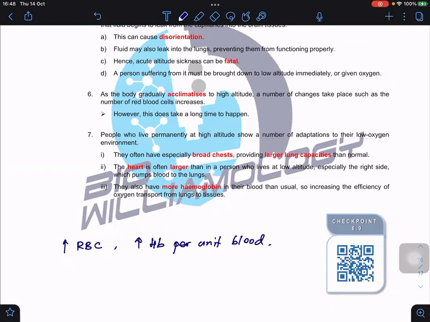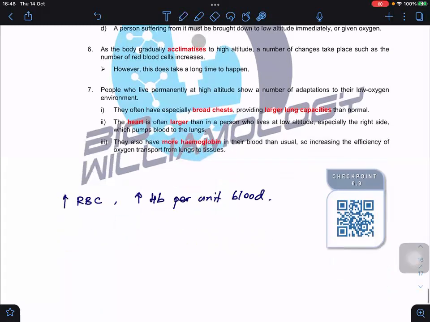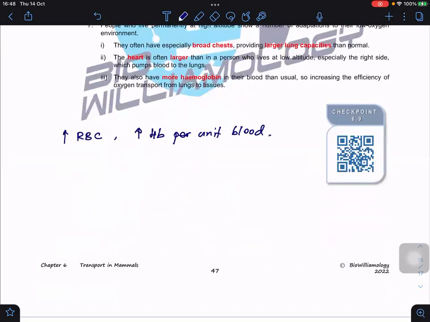What's so important? This is to compensate. With more hemoglobin, we can increase the efficiency of oxygen transfer from the lung to the tissues. Okay, so let's look at a simple calculation. Originally at sea level, the percentage saturation is about 95%.